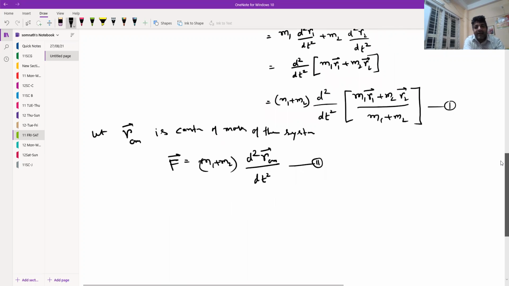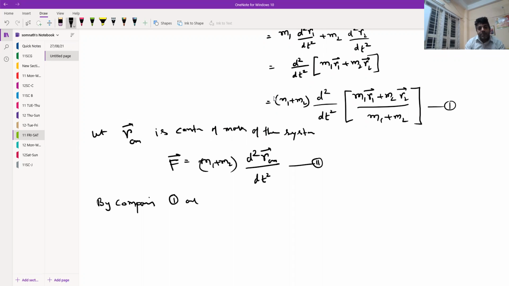They are the same thing, and if they are the same thing, then comparing, m1 plus m2 and d square by dt square are common. So by comparing 1 and 2, we can say our center of mass is m1 r1 plus m2 r2 by m1 plus m2. Everyone okay?